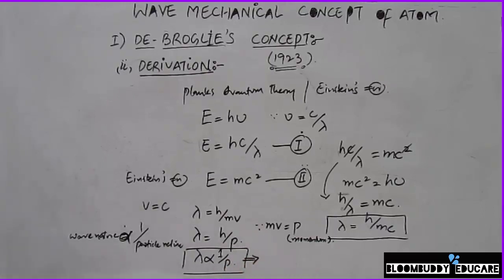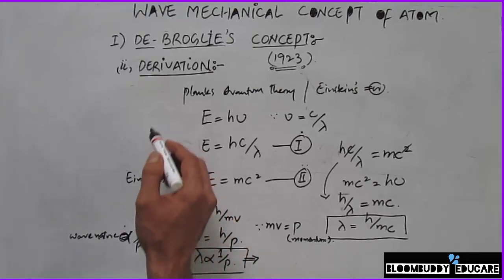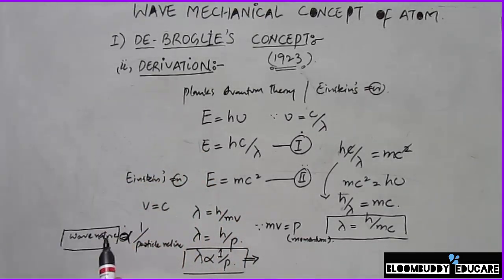That takes us to the next part of our lecture, wherein we will study the experimental verifications of de Broglie's wave mechanical concept, because herein we are saying that matter has a wave nature and a particle nature. Both of these parts will be discussed in the next section.